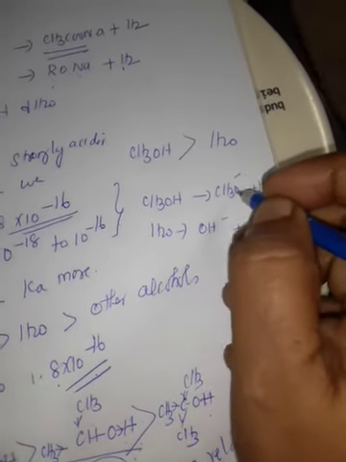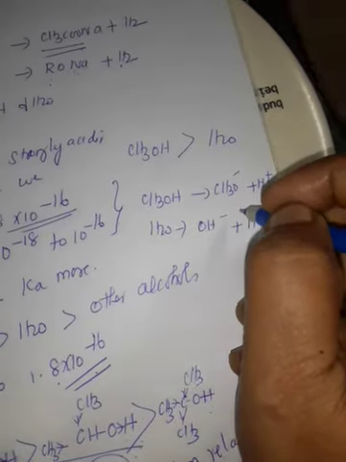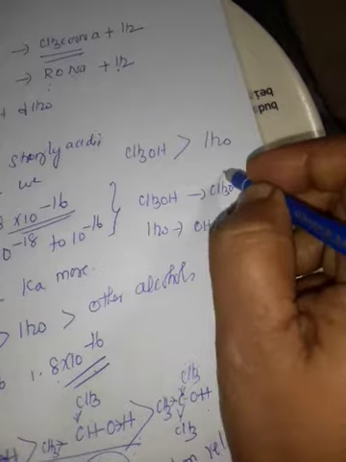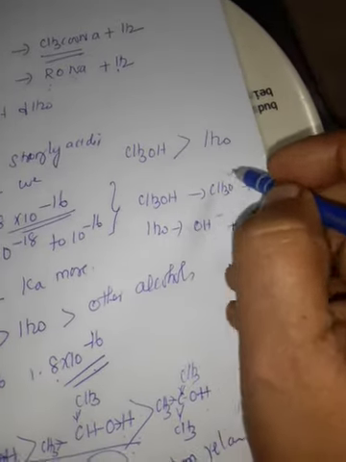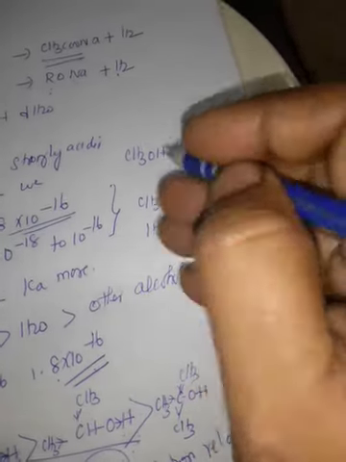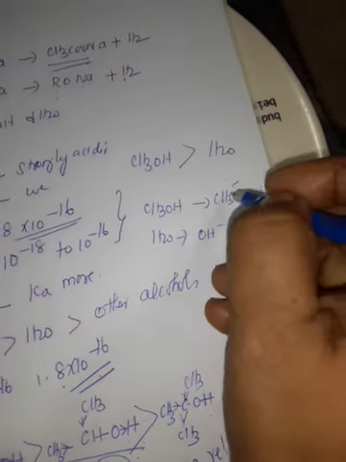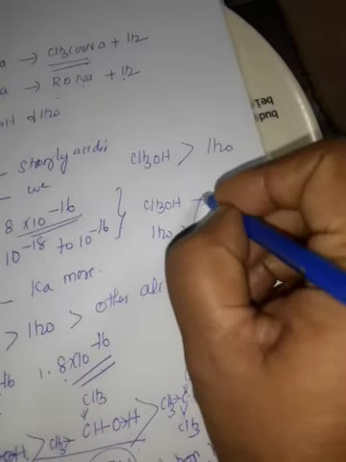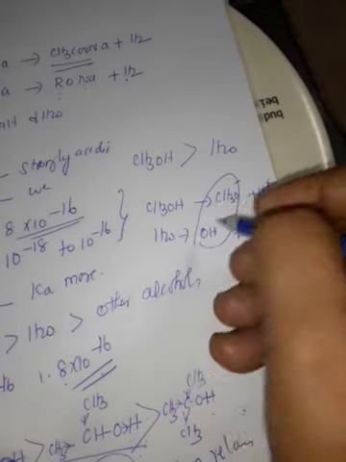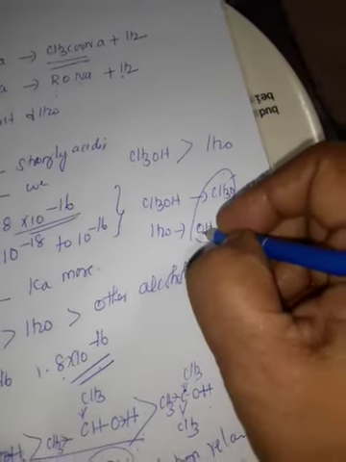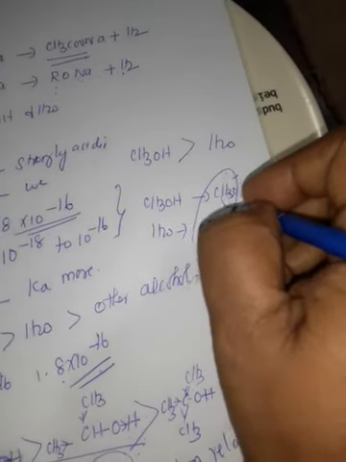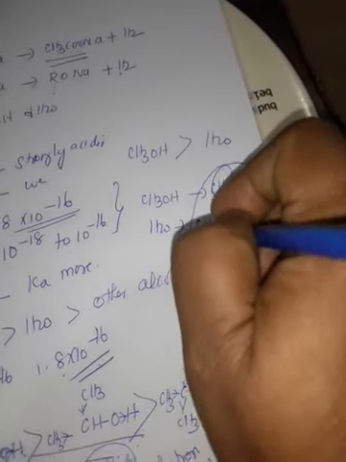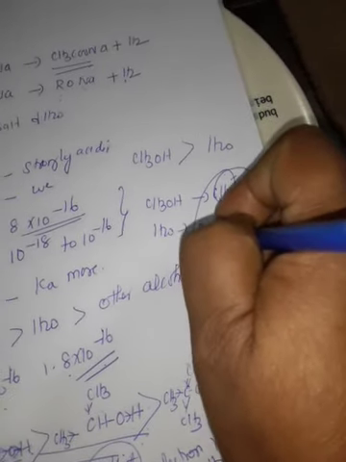But according to the Lowry-Bronsted concept, methoxide and hydroxide also behave as conjugate bases, since they can donate protons. After donating protons, the remaining compound is called the conjugate base. But when comparing OH minus and CH3O minus, CH3O minus is the weaker base when compared to OH minus.